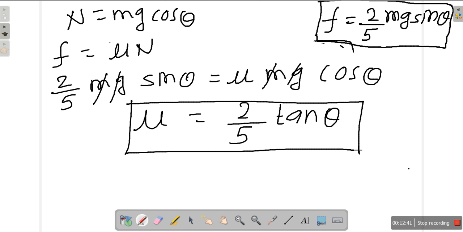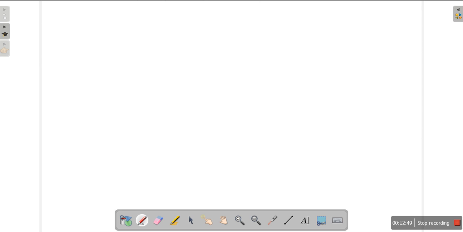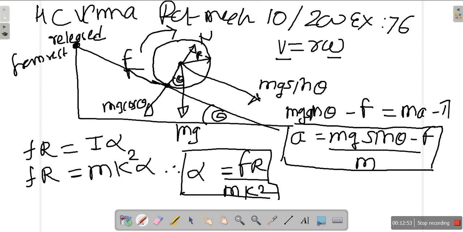Now the next part of the problem, example number 76, is really complicated. It is asking us what will be the situation if the coefficient of friction is not 2 by 5 tan theta. In fact, if the coefficient of friction is half of that value. So now the coefficient of friction is half the value which is necessary for pure rolling.